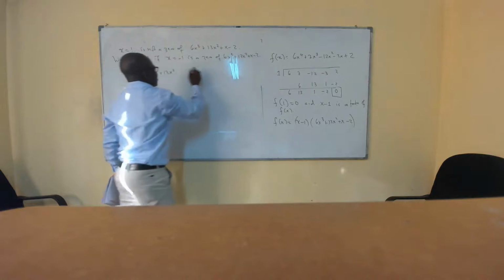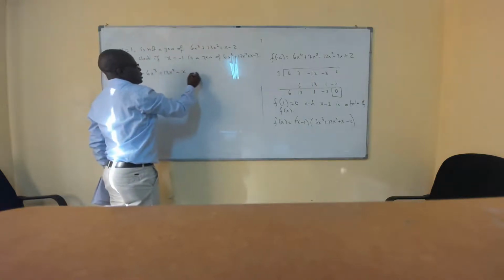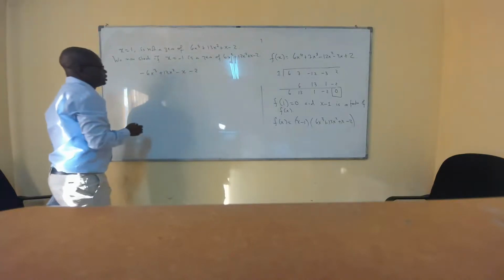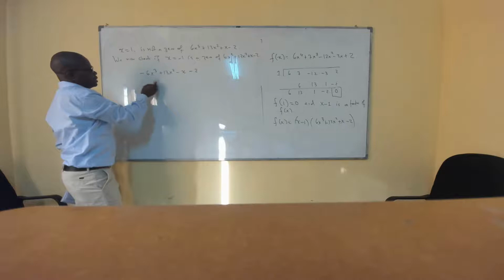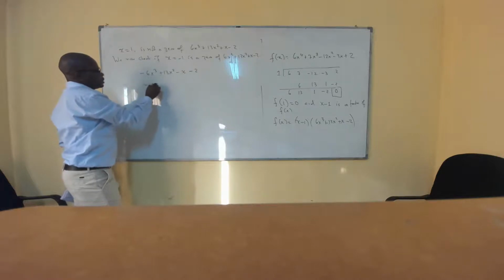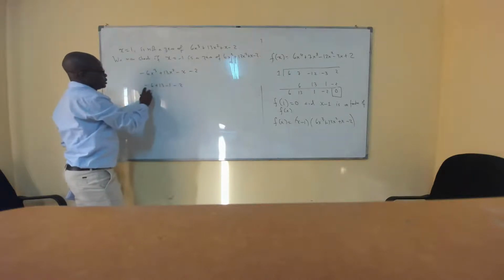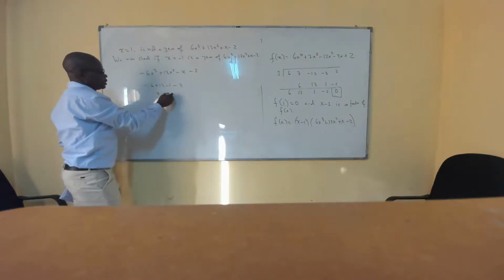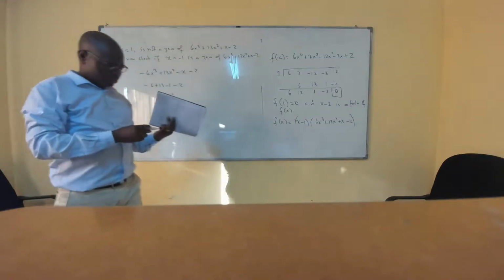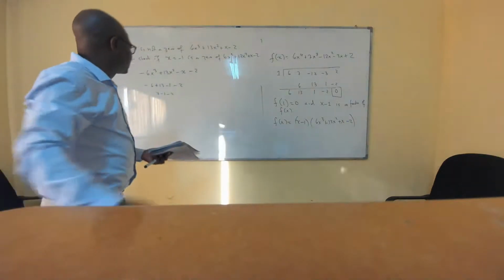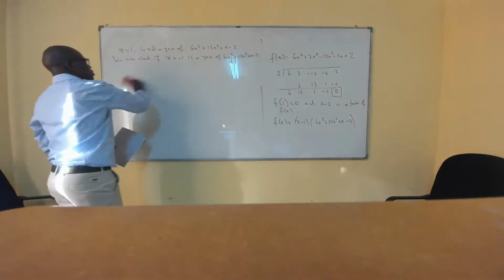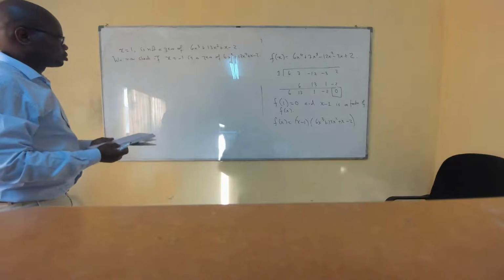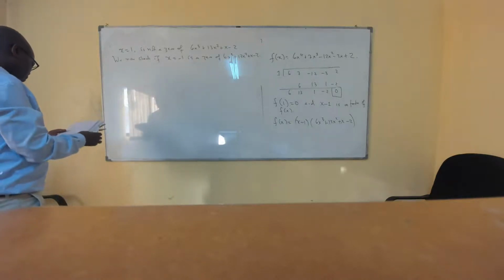This is odd power, I'll change the sign. And this is x to the power 0, which is even, so I'll leave it unchanged. This time, if I add, I'll have minus 6 plus 13 minus 1 minus 2. This is 7 minus 1 minus 2. So it's failing to work out. So we see that it is also not a solution. It's not a 0 or a root of the given function.